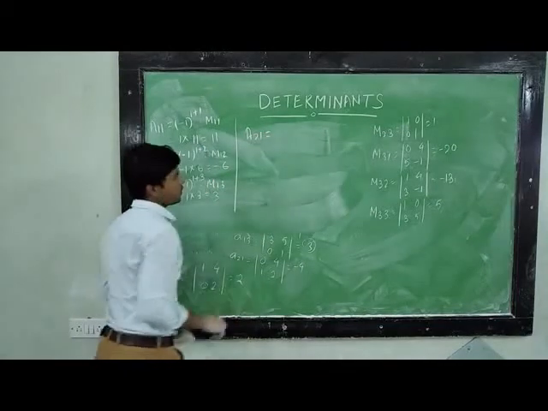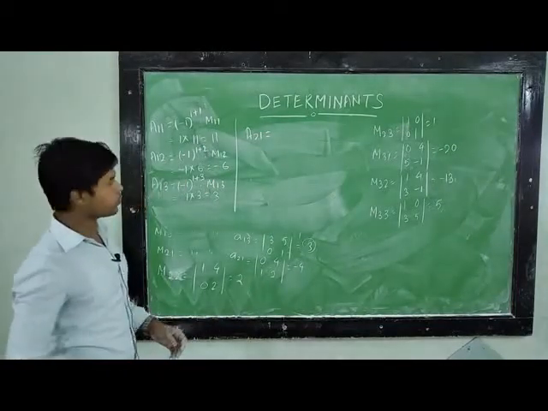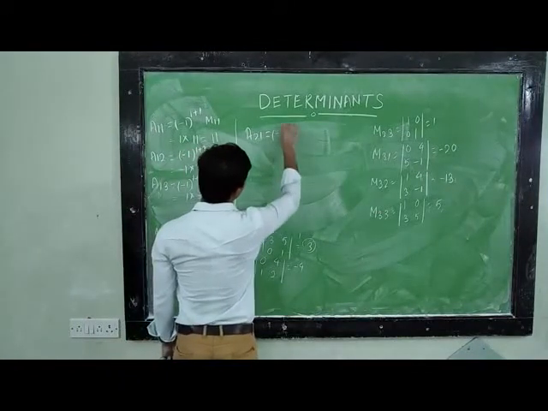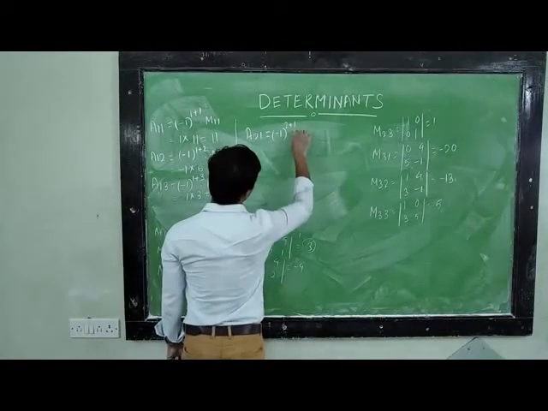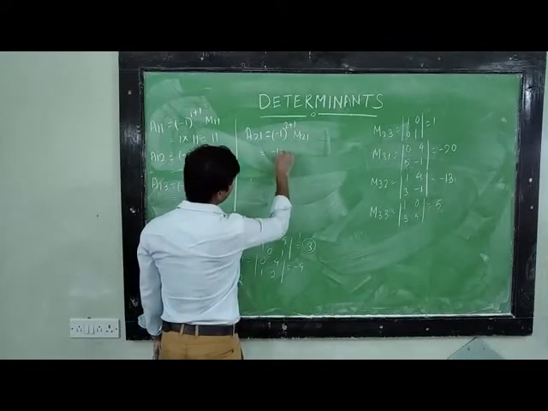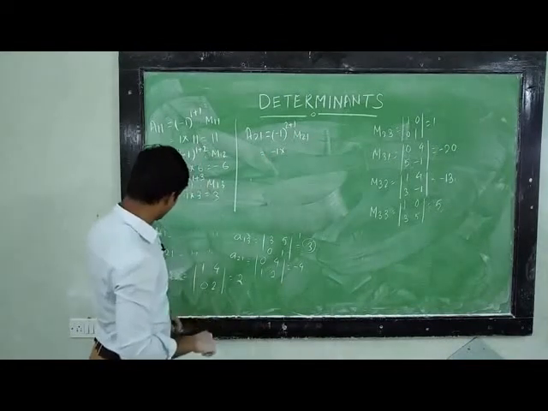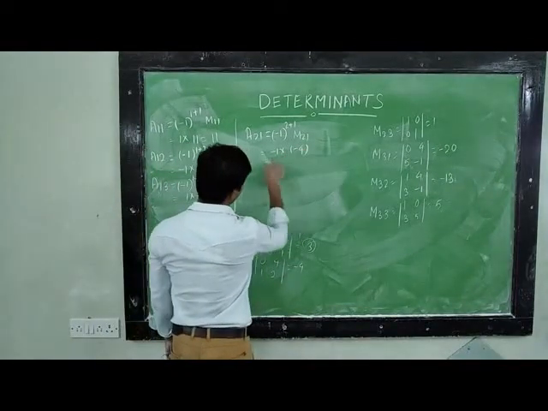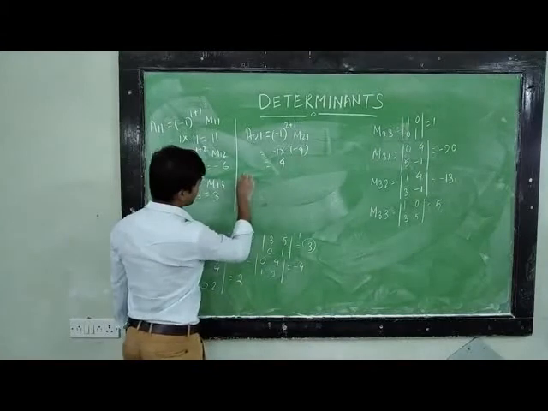Now A21, that is the cofactor corresponding to the element A21, that is minus 1 whole to the power 2 plus 1 into M21. So that is equal to minus 1 into M21, which is minus 4, and that is equal to plus 4.